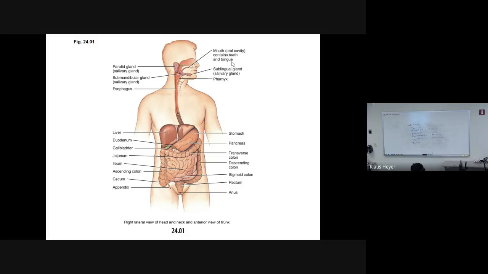And then you have salivary glands. So up in your mouth, you've got your teeth, your tongue, and your salivary glands. And then you also have 3 accessory organs down in your abdomen. Those are the ones I'm going to pay a little bit more attention to once we get to them.